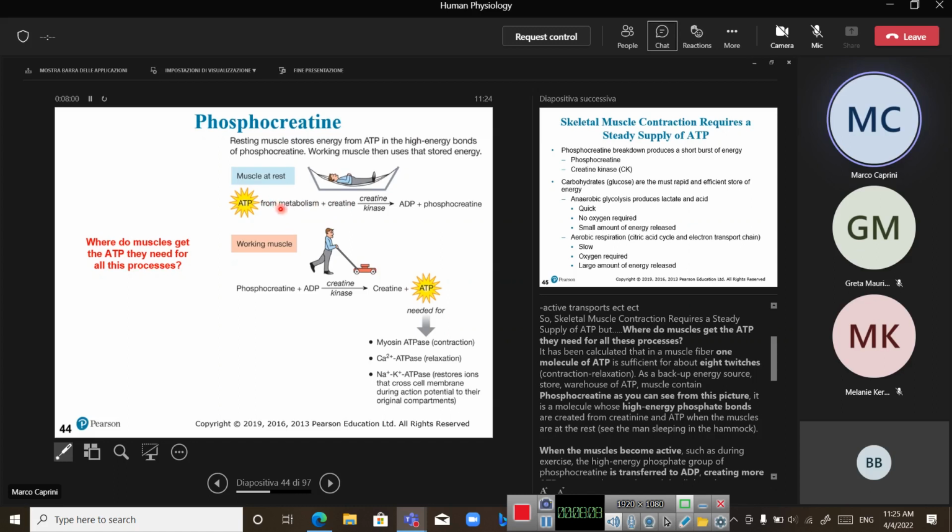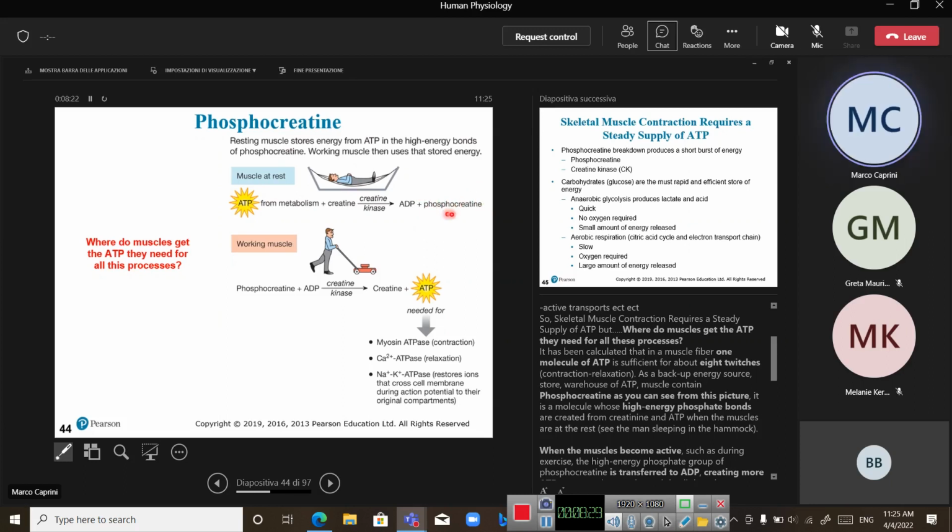And when ATP is necessary, we can just use the ATP product. Now, this man is sleeping in the hammock here, and ATP can be used to produce the phosphocreatine.